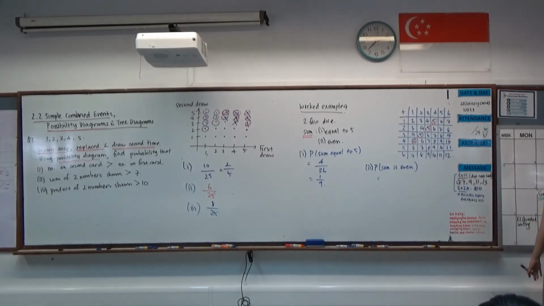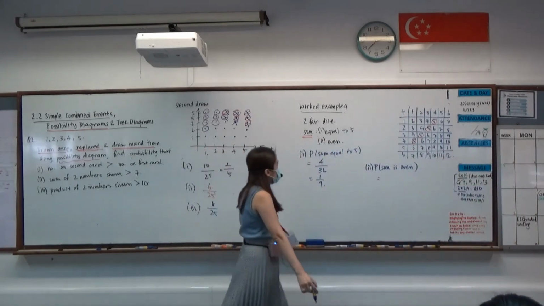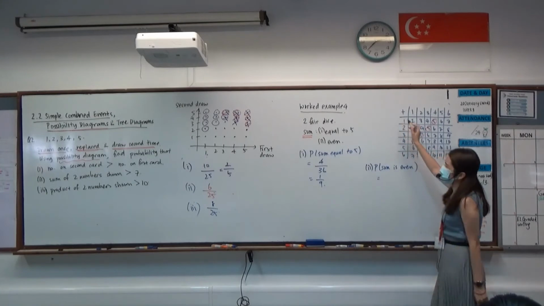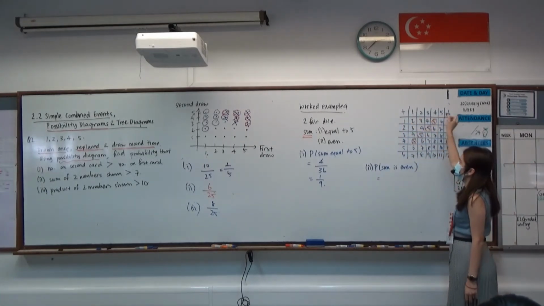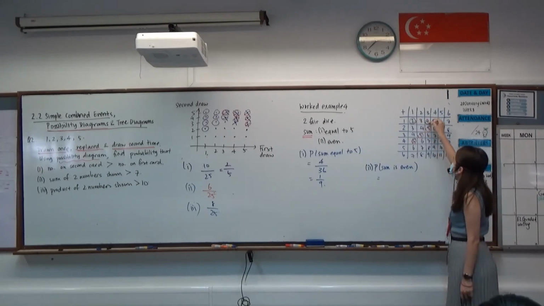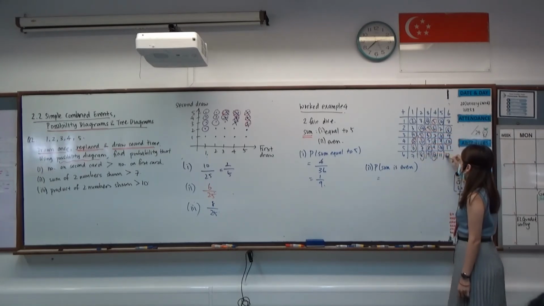Okay, so part 2, probability that the sum is even. We spot out for the even numbers. So, even numbers. Be very careful when you draw such a possibility diagram. You don't actually take out the numbers at the columns, at the sides. Okay, so 1, 2, 3, 4, 5, 6, 7, 8, 9, 10, 11, 12, 13, 14, 15, 16, 17, 18.